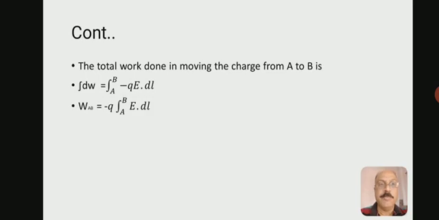So the total work done in moving a charge from point A towards B is found by integrating that equation. The integral of dW is equal to the integral from A to B of minus QE into dl.